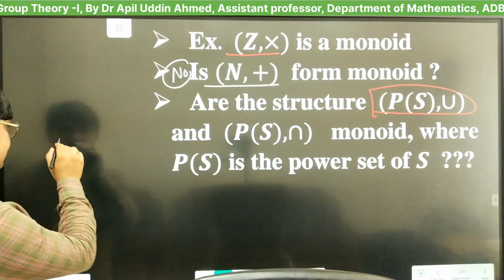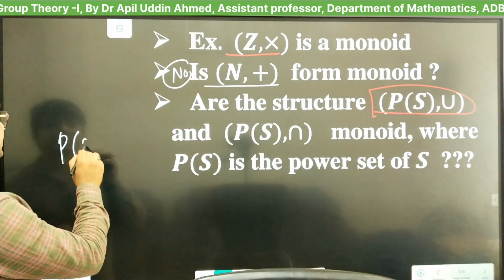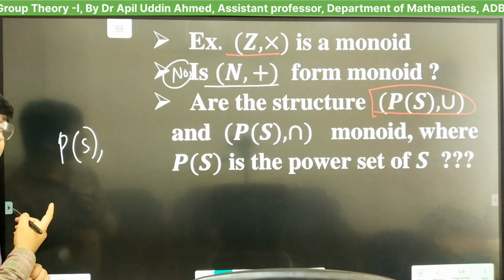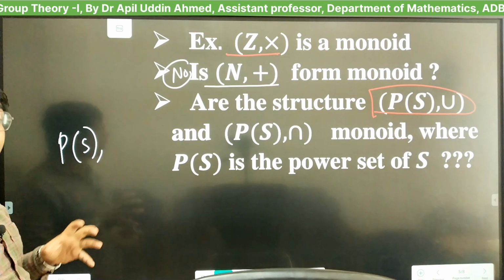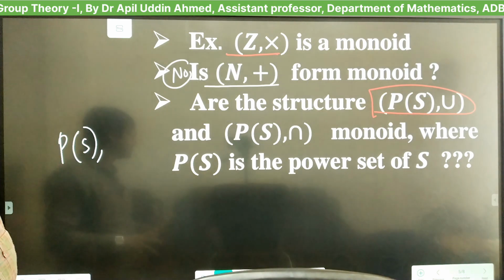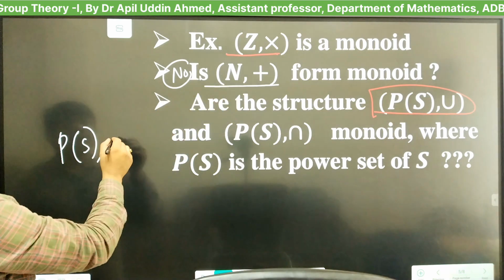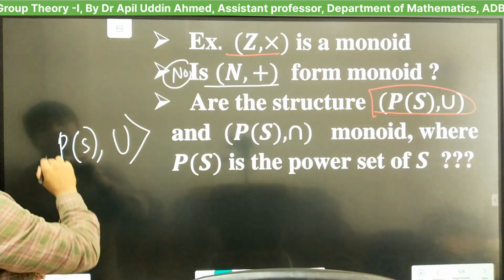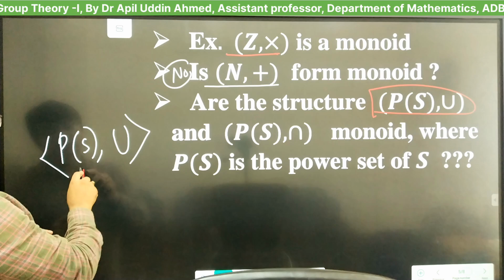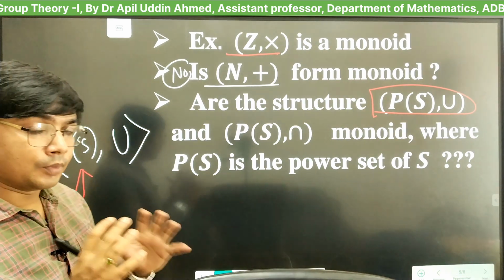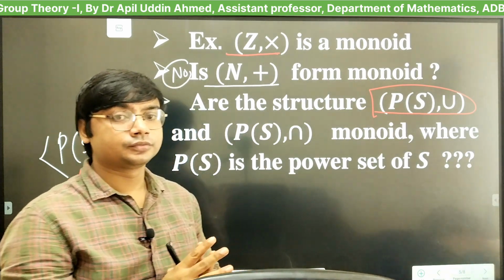If we consider P(S), this is the power set of S, which contains the collection of all subsets of S, and union is the binary operation. Now the question is whether this is a monoid or not, right?